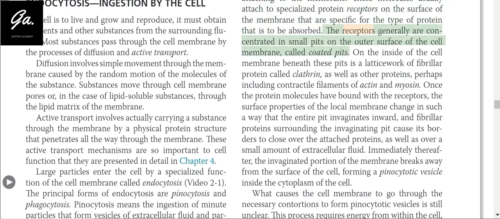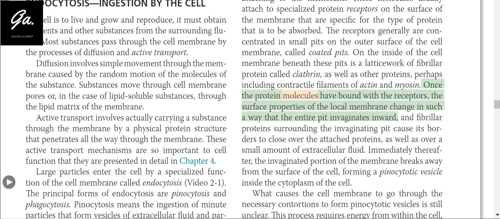The receptors generally are concentrated in small pits on the outer surface of the cell membrane, called coated pits. On the inside of the cell membrane beneath these pits is a latticework of fibrillar protein called clathrin, as well as other proteins, perhaps including contractile filaments of actin and myosin.